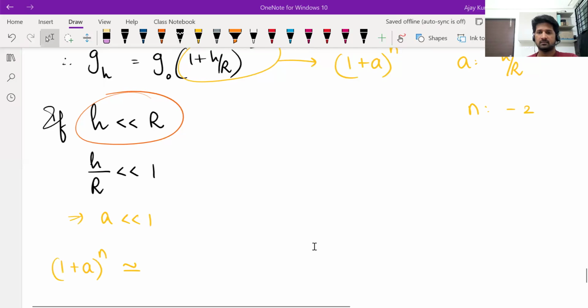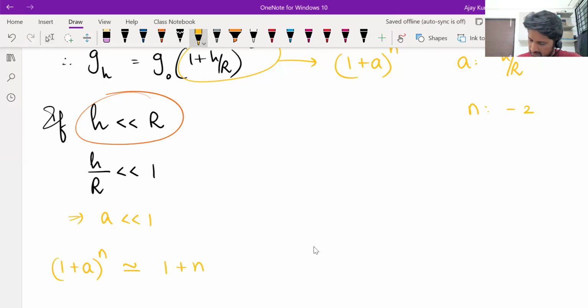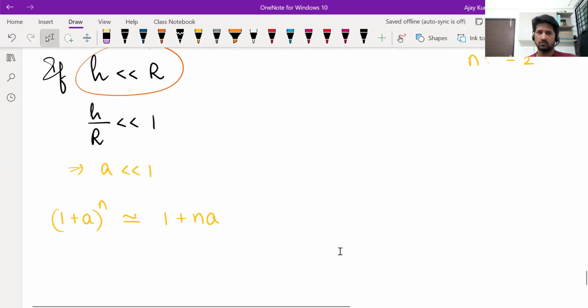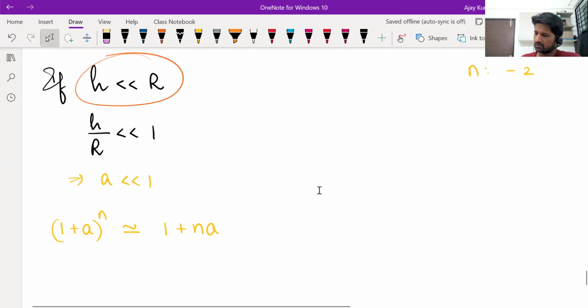So 1 plus A into N. Good, it becomes 1 plus NA. This is a mathematically valid approximation. It's called binomial approximation. (1 plus A) whole power N, if A is very small compared to 1, you can write it as 1 plus NA. We had used this in error analysis also. Anyway, that's fine. Even if you don't remember it, it's okay. But you have to revise at some point.